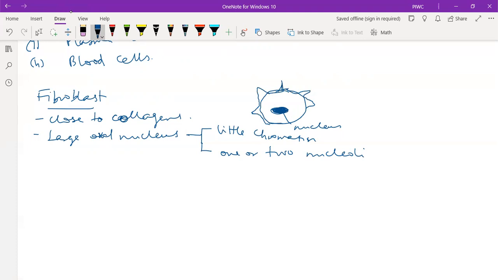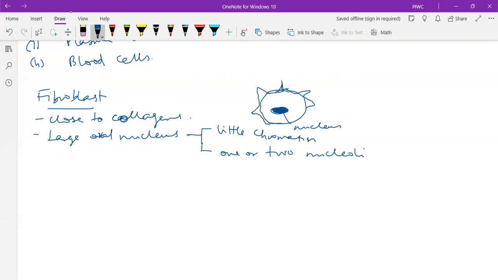Now, the chief function of the fibroblasts appears to be the formation of collagen, which first forms around them, right? So you see the collagen forms around it, like this homogeneous material around the fibroblast, which represents the collagen.